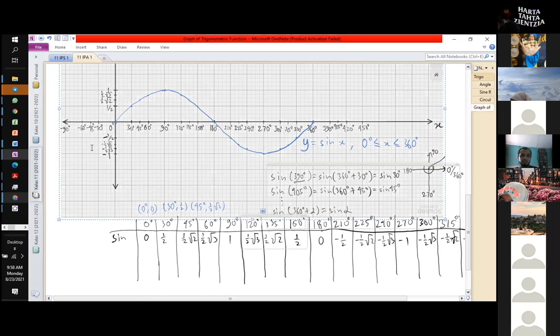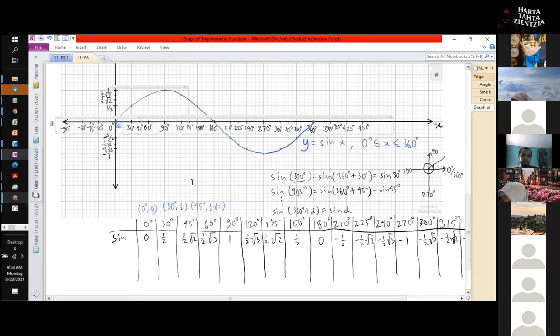And for angles less than 0 degrees, I think for negative angles, I mentioned it before. So if you have positive angles, you go counterclockwise. So here, kalau sudutnya positif ke arah sini, kalau sudutnya negatif ke arah sebaliknya, ke arah sini ya.